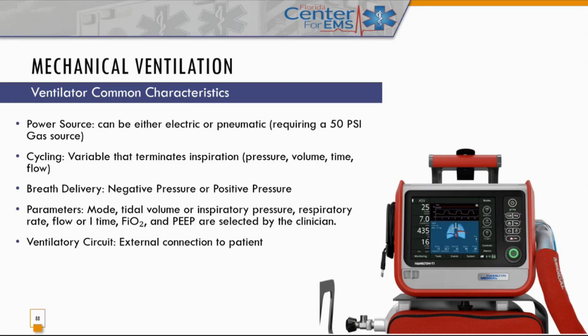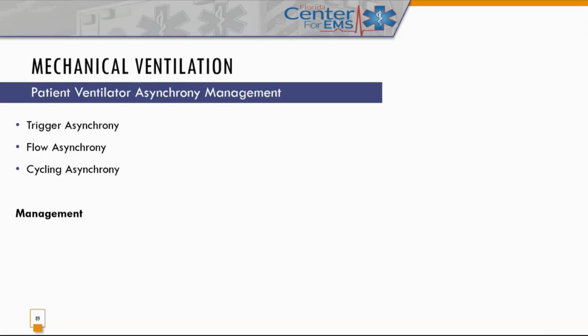And then the circuit, pretty much standard circuits. They all have the same size connection from ventilator to ventilator, so just about every circuit will work. And they have a lot of different alarms, everything from low pressure to high pressure, all kinds of alarms that they can actually go in and set.